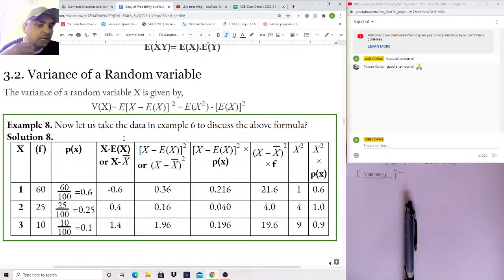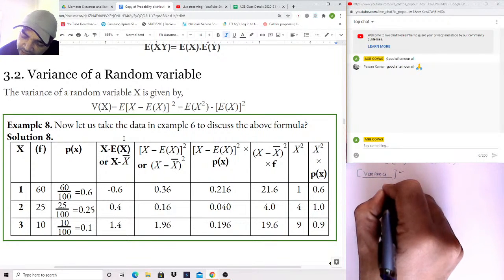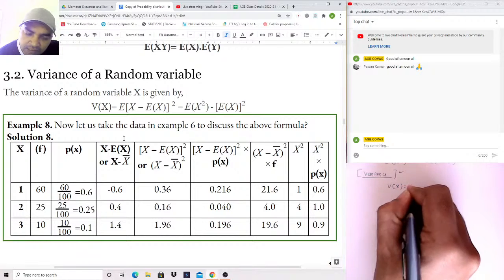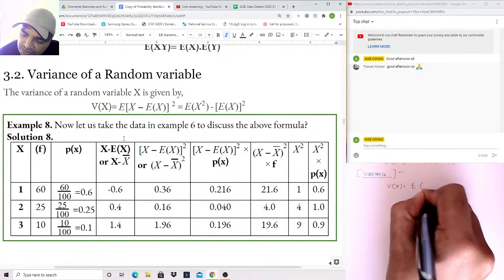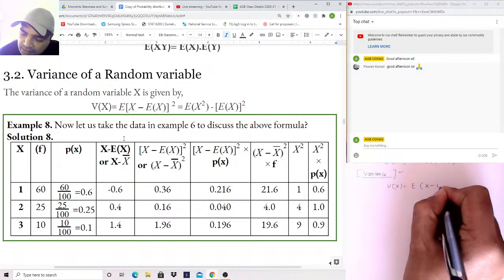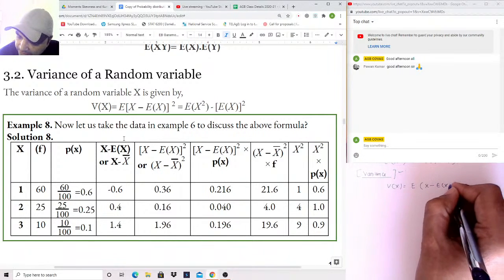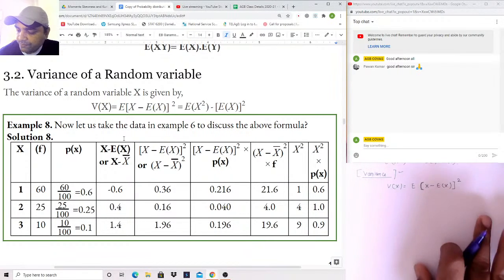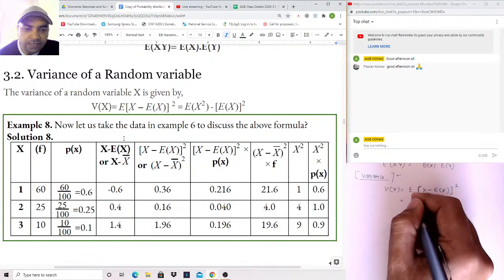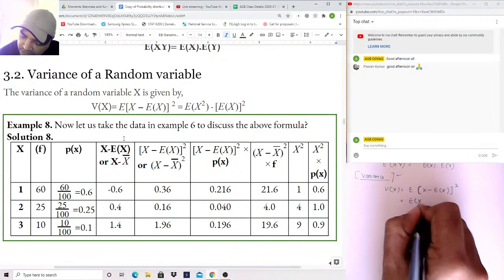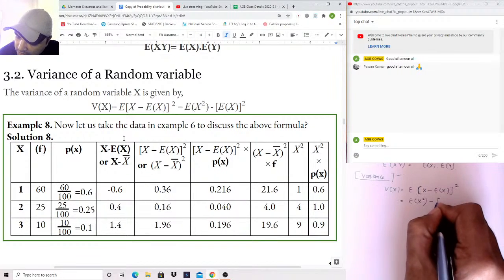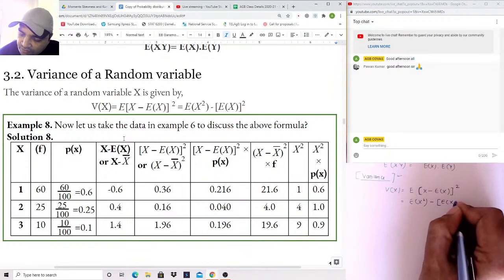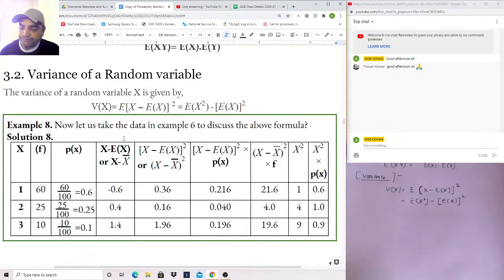So here, in the same example, let us take the data in example 6 to discuss this formula. What is that formula? The variance of a random variable is equal to the expectation of (X minus E(X)) whole square, and this is equivalent to E(X square) minus (E(X)) whole square.